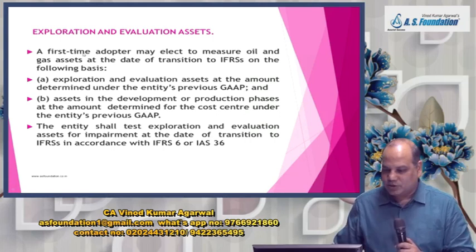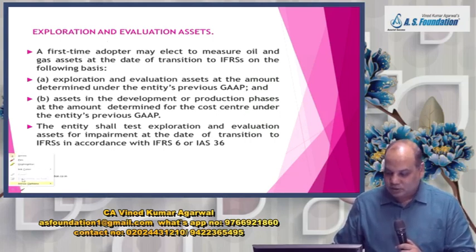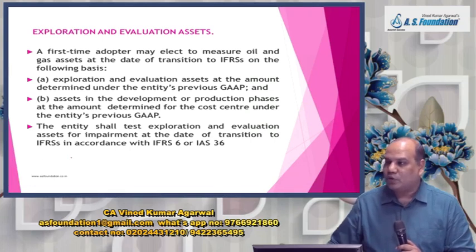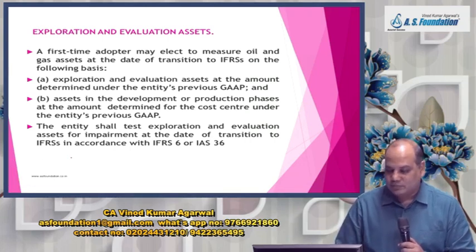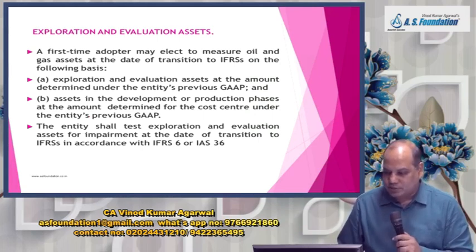I hope you remember something like this existed. But previous GAAP may not have followed the same accounting. So now you have an optional exemption here. Either you can do retrospective adjustment here, or you can do prospective adjustment.